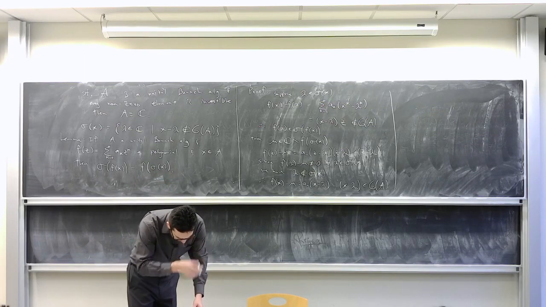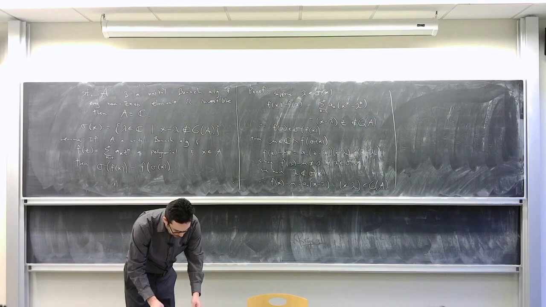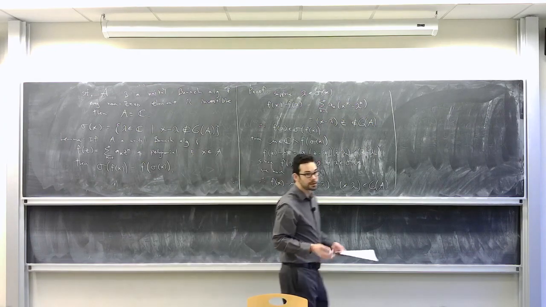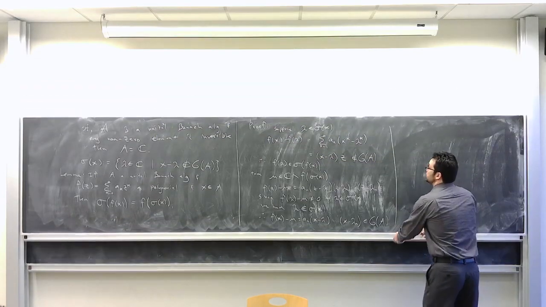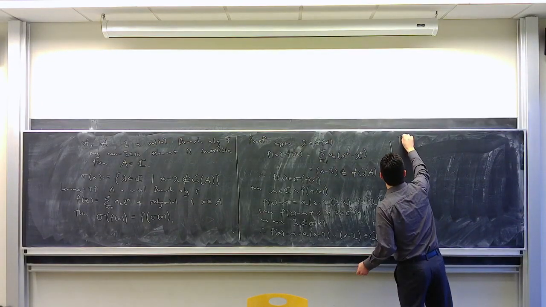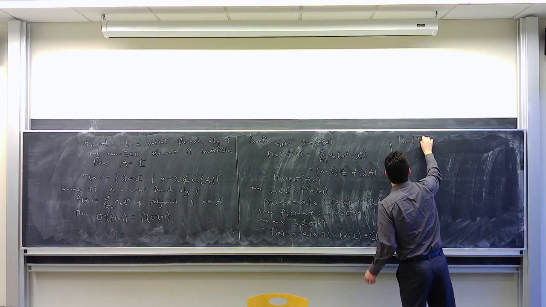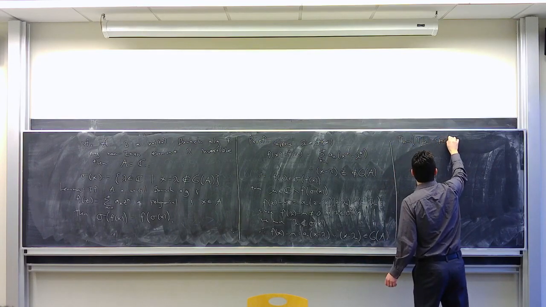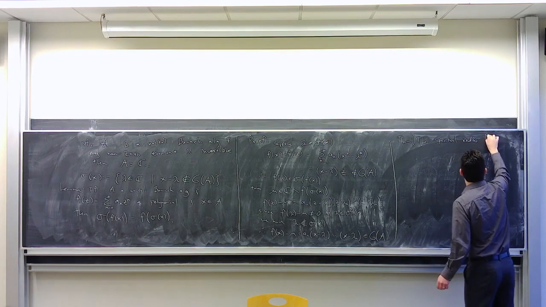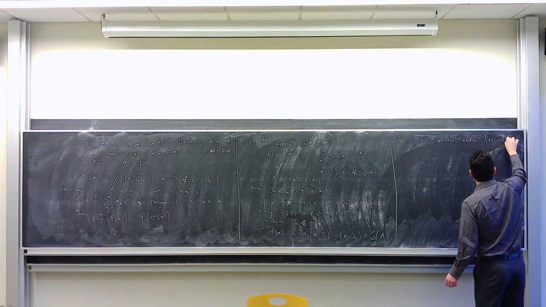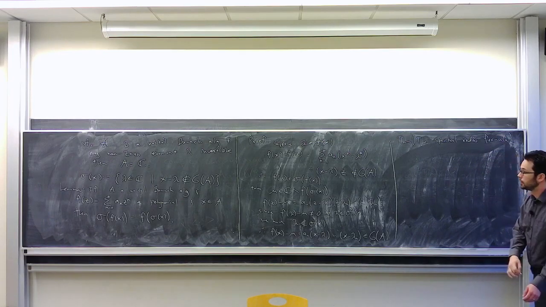Alright, so now the next thing I want to do is relate the spectrum to the norm of an element. So this is the spectral radius formula. So let's go to the theorem. So again, we're in the same setting.